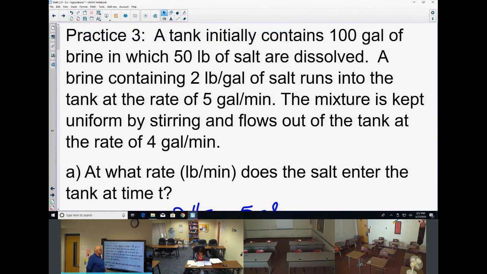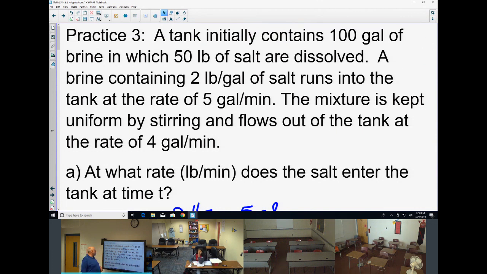All right, so it says the tank initially contains 100 gallons of brine in which 50 pounds of salt are dissolved. So instead of gas, like we had yesterday, gasoline, we have brine. And then instead of the additive, we're putting salt in it. A brine containing 2 pounds per gallon of salt runs into the tank at a rate of 5 gallons per minute.